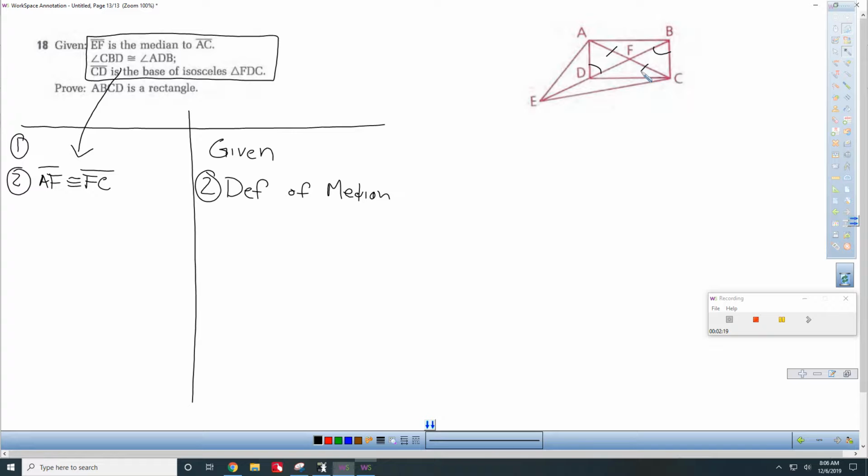Now CD is the base of an isosceles triangle. So then FC is congruent to FD by definition of isosceles.